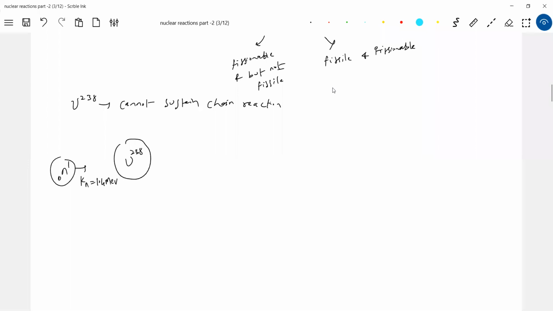And so it cannot sustain a chain reaction.